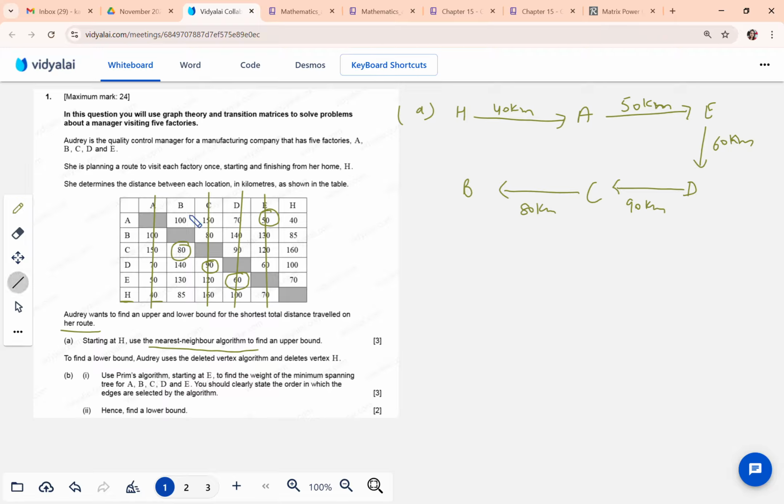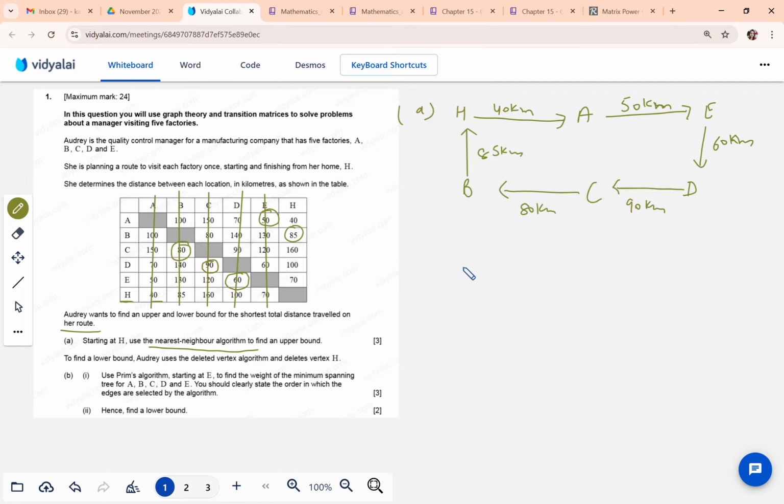Now B is also considered, we can cross that. Now only H is left, so from B it will move to H covering the distance of 85, because in nearest neighbor we go back to the starting point from where we have started, that is H. So this is 85 kilometers.